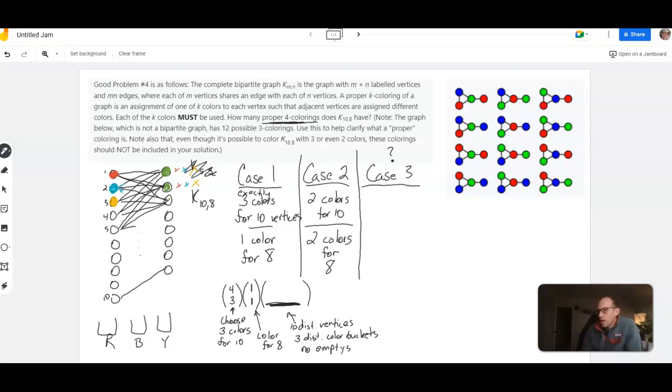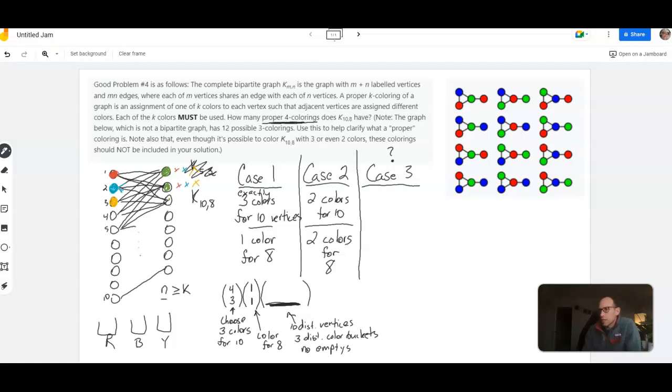Now you might ask yourself, how did I know that the colors were the boxes and the vertices were the items? Because it might make more sense to have the vertices as the boxes and the colors as the items. Well, remember, we always have to make sure, first of all, that n is greater than or equal to k.